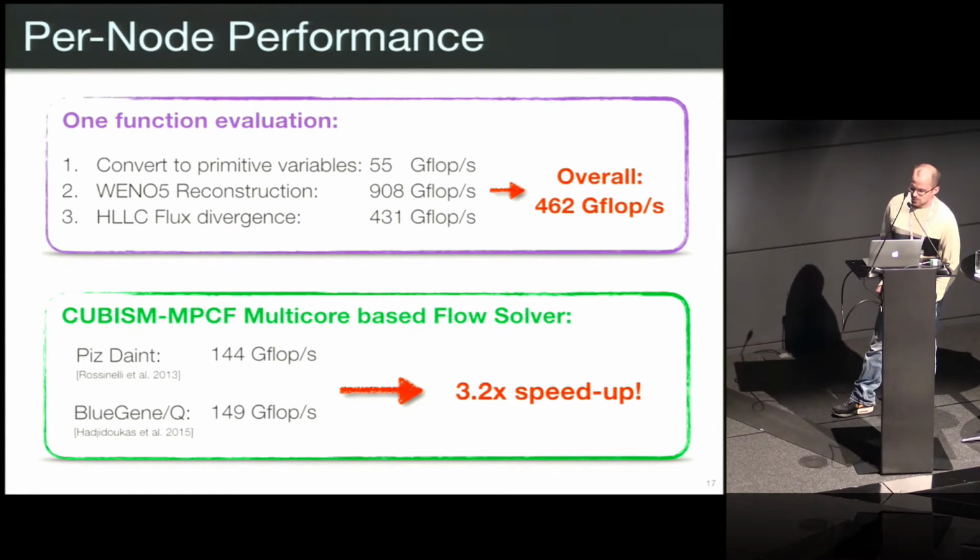We have compared this number to our in-house multi-core based flow solver, which is called CUBISM-MPCF. This solver has won the Gordon Bell Award in 2013, and we find that for this partial offloading of the right-hand side, we find a partial application speedup of about 3.2x.